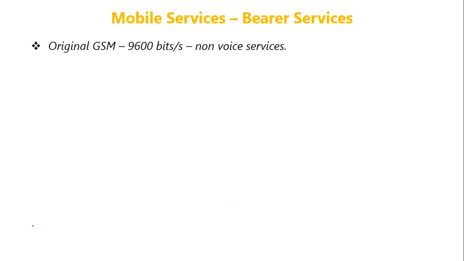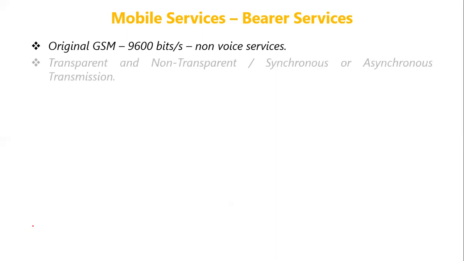Now let us discuss specifically the bearer services. GSM specifies different mechanisms for data transmission. The original GSM allows data rates up to 9600 bits per second for non-voice services.